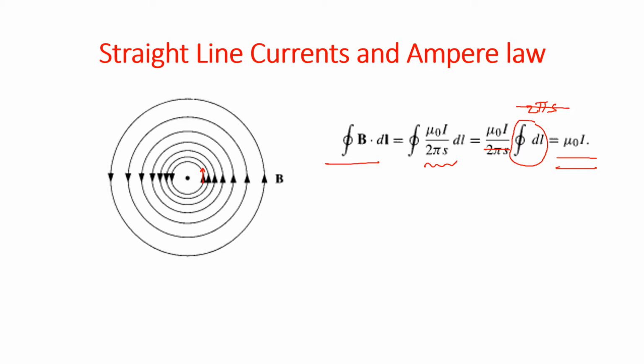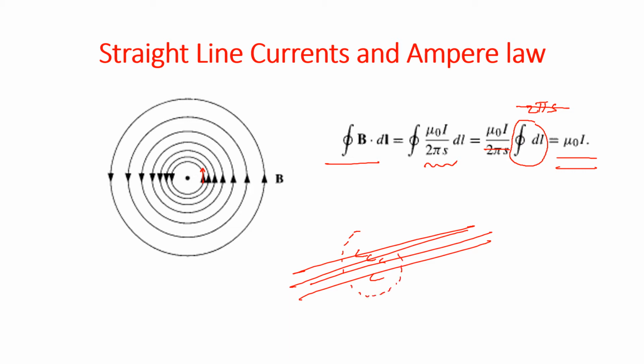Now, what if instead of a single conductor, there is a bunch of conductors, like this? In this situation, we can imagine a loop in order to apply this Ampere law that we obtained just now, that is integral B dot dl equal to mu 0 I. So if there is a bunch of conductors, we can imagine a loop encircling all the currents in the situation.